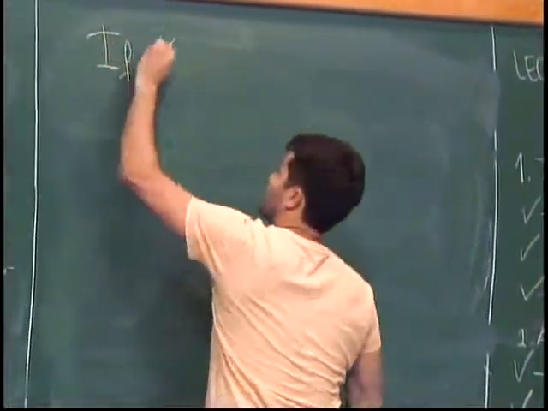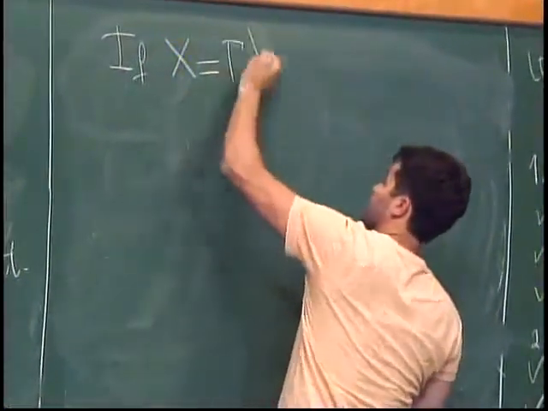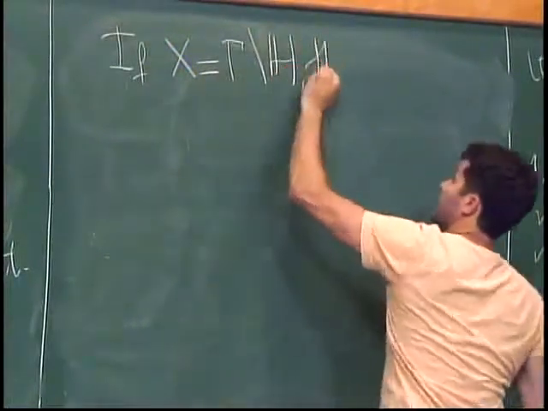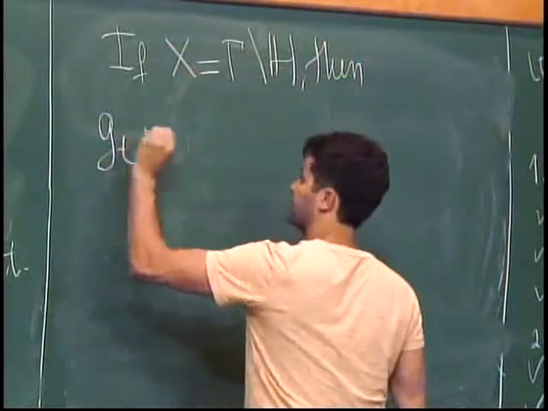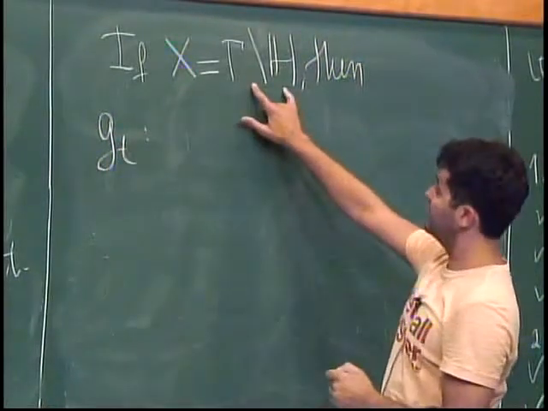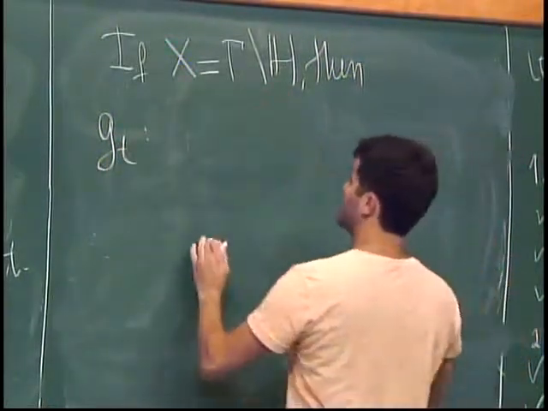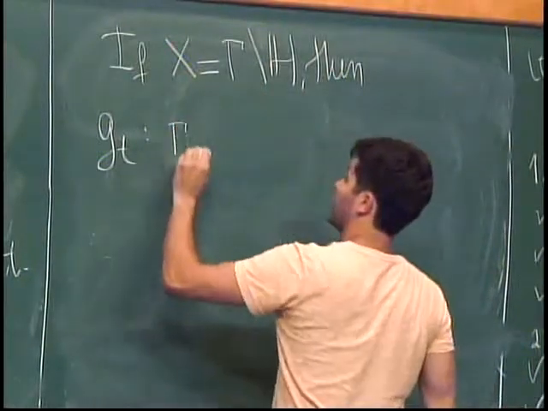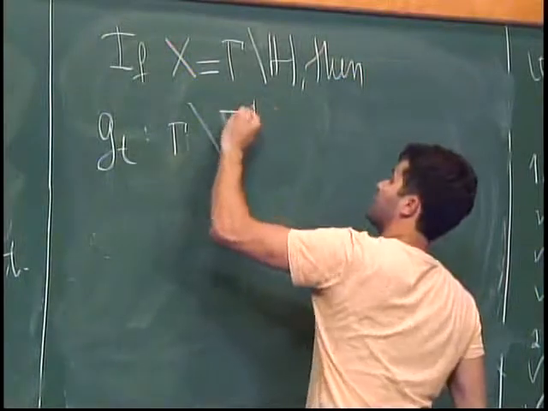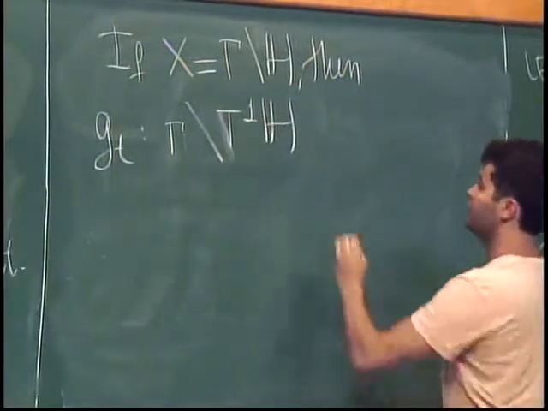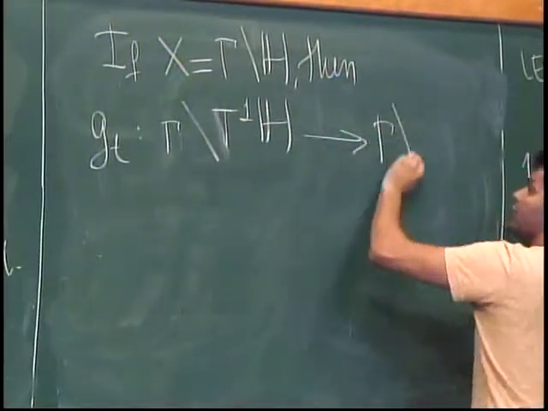If instead of considering the whole space, you consider the quotient like this, then the geodesic flows that we induce, well, if X is like this, the tangent space of X is gamma mod the tangent space of H.